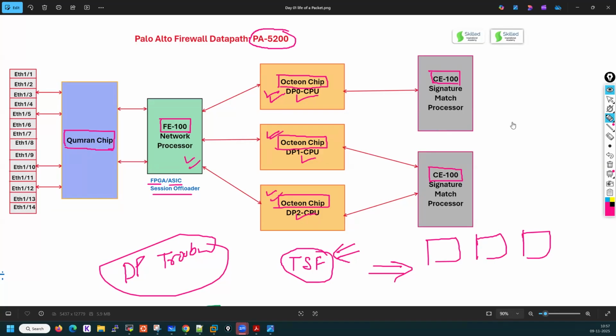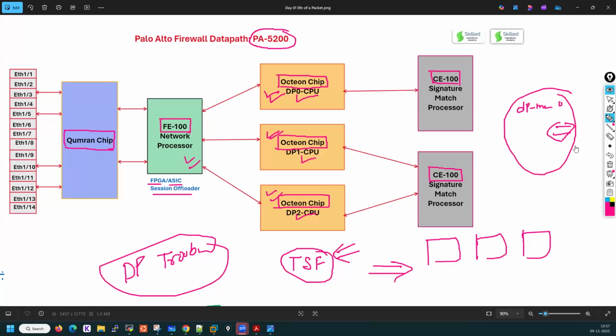And there is also a daemon, dp-monitor0, dp-monitor1, dp-monitor2. Those are the daemon log files which we have to read and we will get all the solution.